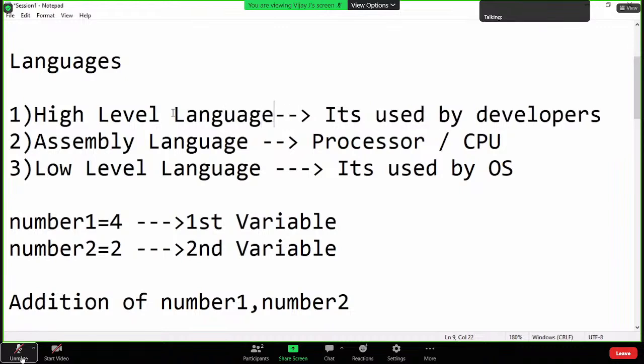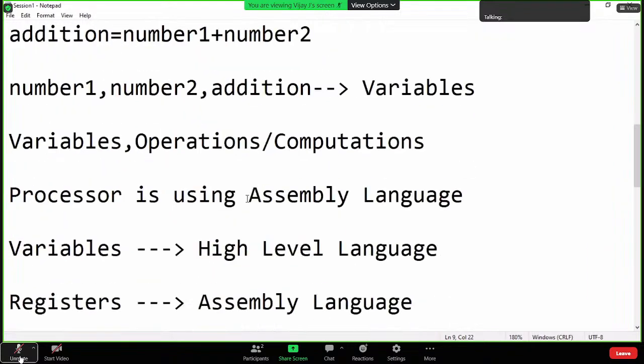I can tell that HTML is also a high level language because it is used by the developer. But from the computer's point of view, we can find the processor. Yes, the processor is using assembly language. So again, I am getting into assembly language.